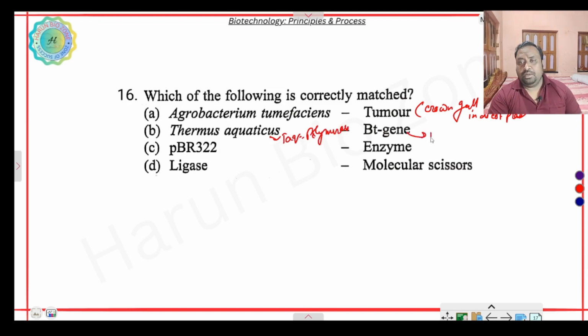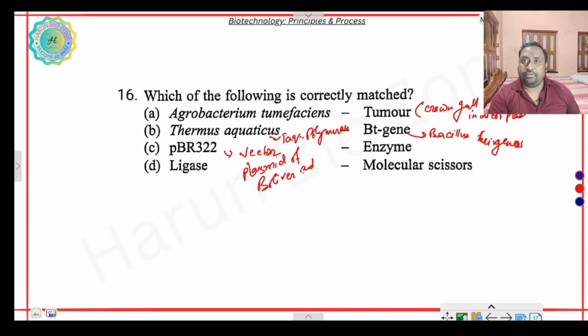Bt gene is produced from Bacillus thuringiensis. pBR322 is a vector whose full form is plasmid of Bolivar and Rodriguez.